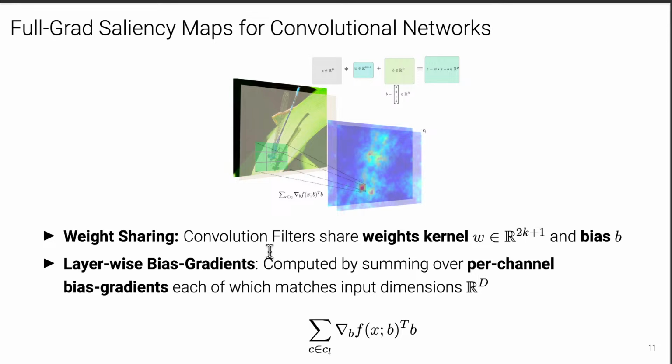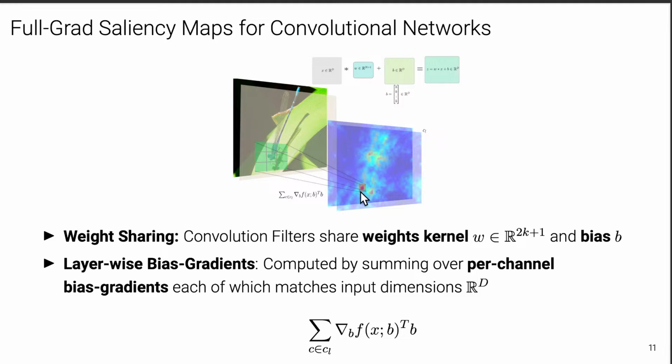So when we visualize this, we can visualize not only our input gradients, but also this per-channel bias gradient. This represents the effect of a change in bias for this particular neuron.